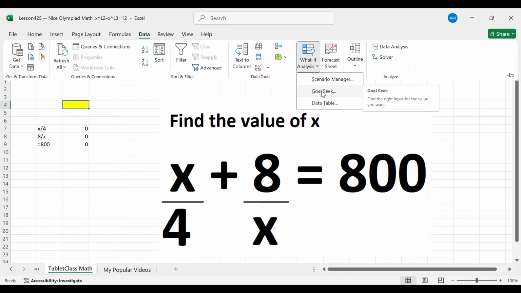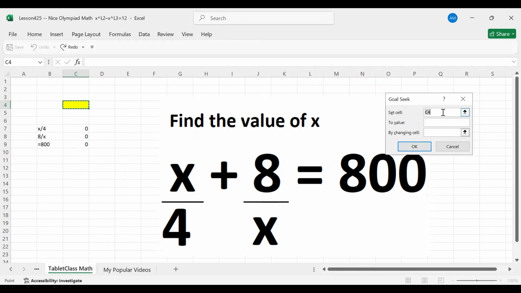So let's use Goal Seek to solve this equation. You have to set something to some value. That something is the right side of the equation, that is 800. So this cell we want to be equal to 800 by changing the value of x.